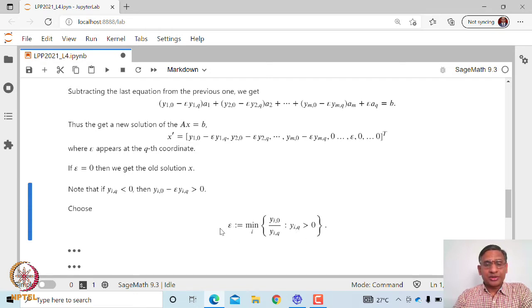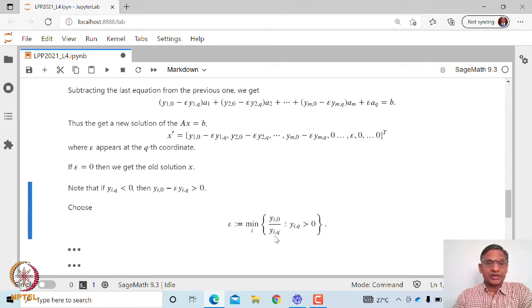Since these quantities are finitely many, this epsilon will exist, and it will be positive. If all of them were 0 it would become a degenerate solution, but let us assume that for some it is positive.